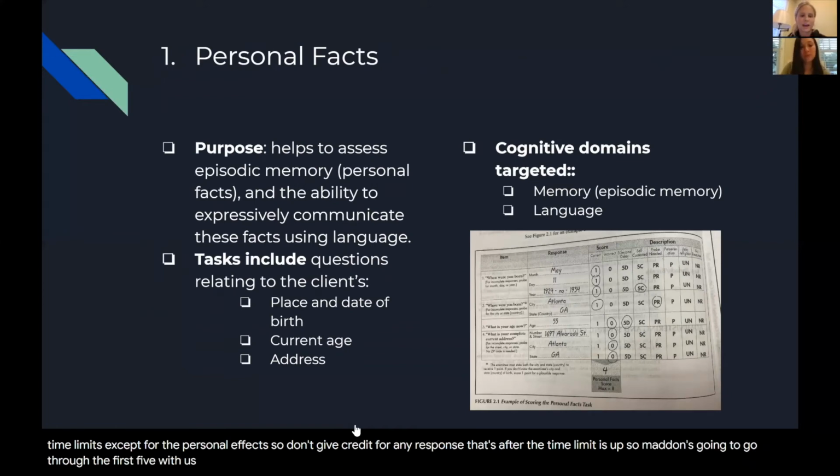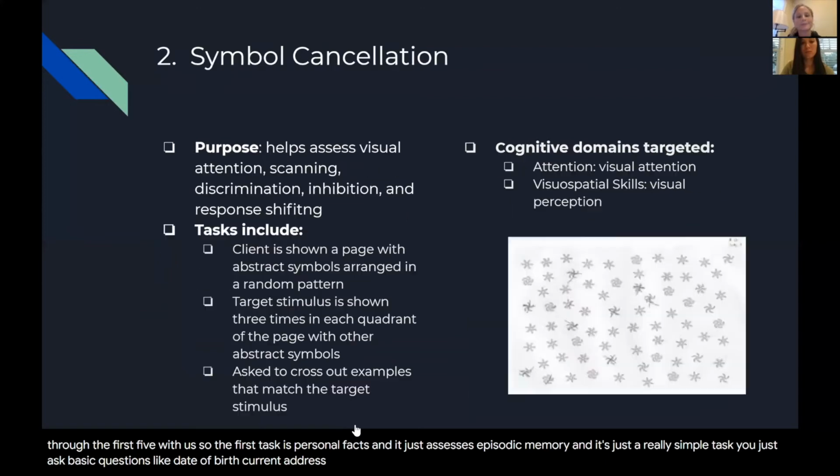So the first task is personal facts, and it just assesses episodic memory. It's a really simple task. You just ask basic questions, such as the client's place and date of birth, current address, or current age. The second is symbol cancellation, and this assesses visual attention, scanning, discrimination, inhibition, and response shifting.